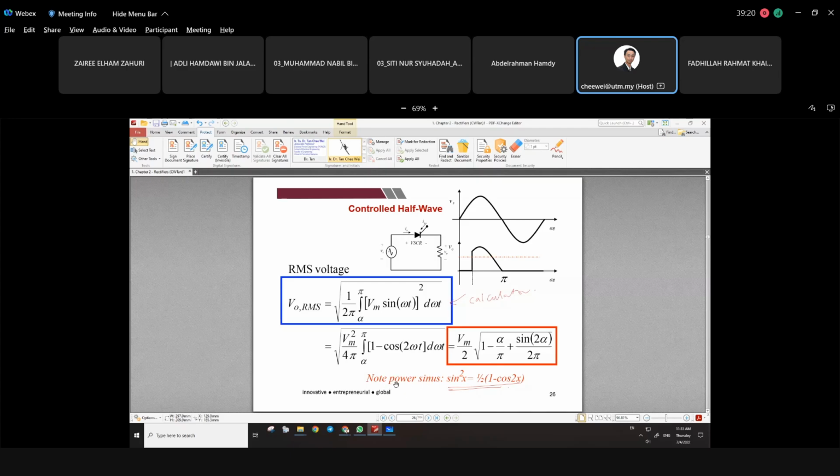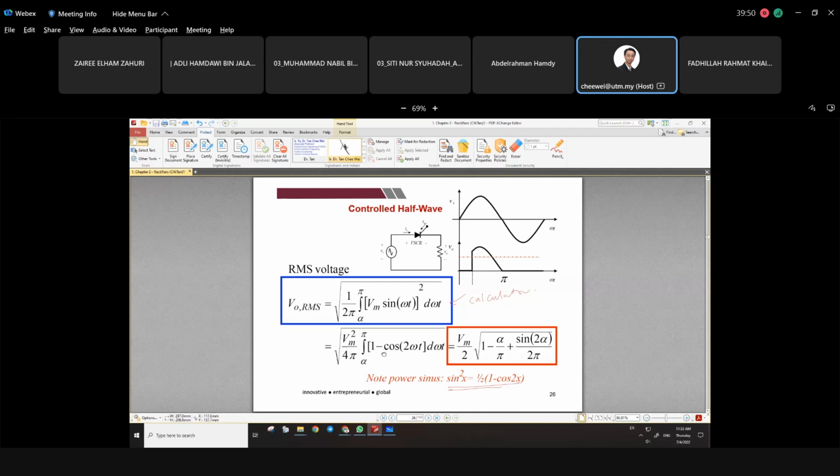Sine to the power of 2x is equivalent to half in the bracket of 1 minus cos 2x. So we have to substitute this equivalent into this bracket. So the power of 2 is gone, so it will become linear, easier. Before that, you can take the Vm squared out. Vm squared is a constant, you can bring it out there.